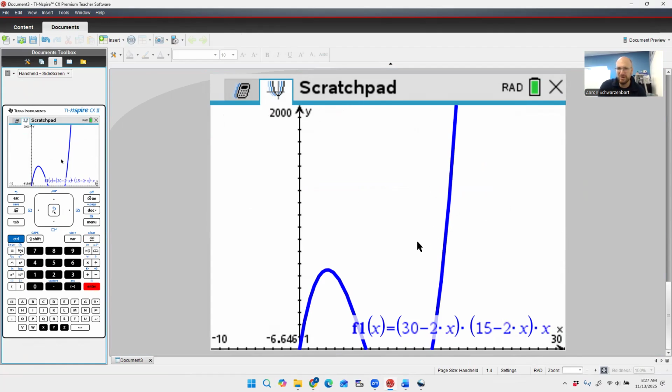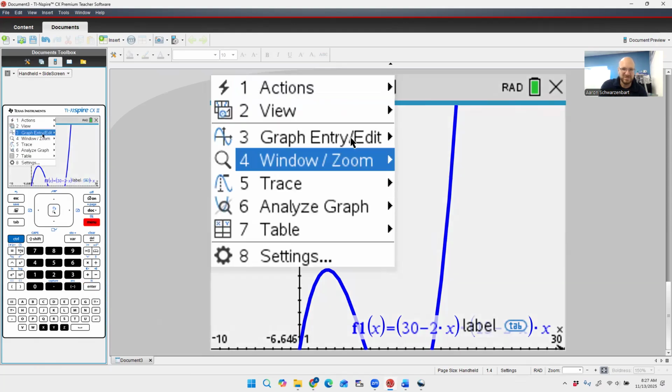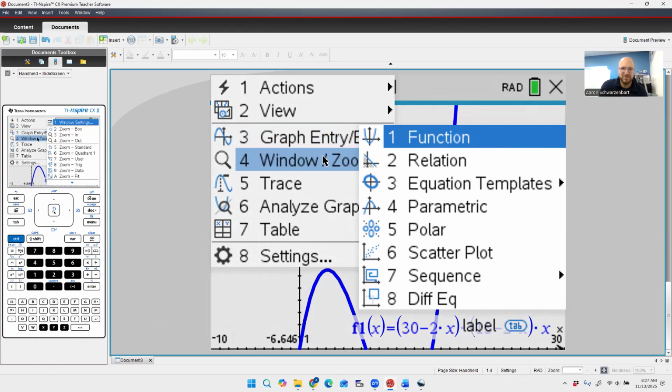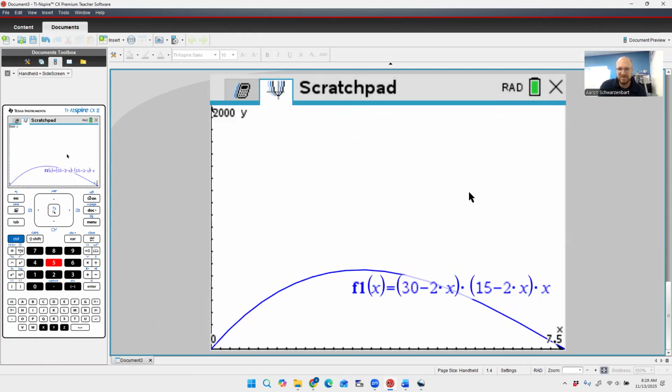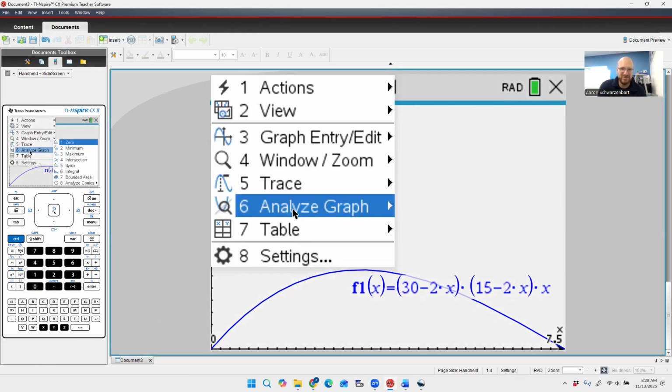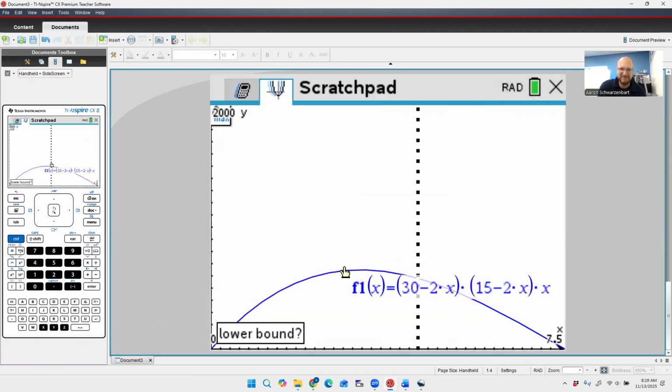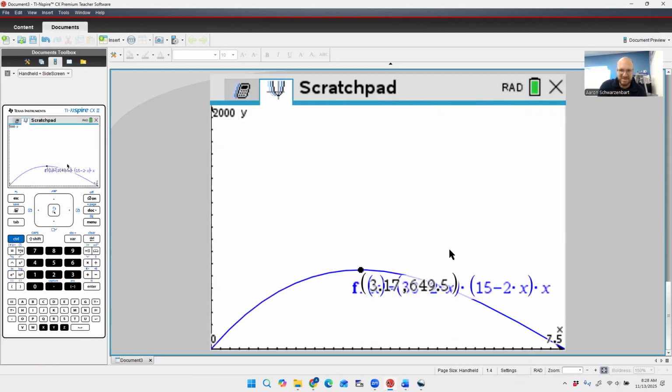Let's come up with a window for this that doesn't show the extras. That works. So all I did was put my x in my meaningful domain. I can find the maximum. 3.17 is my x. My maximum volume is 649.5.